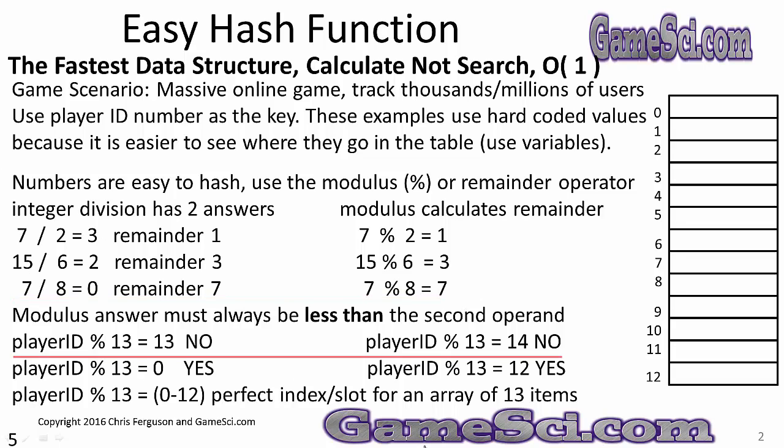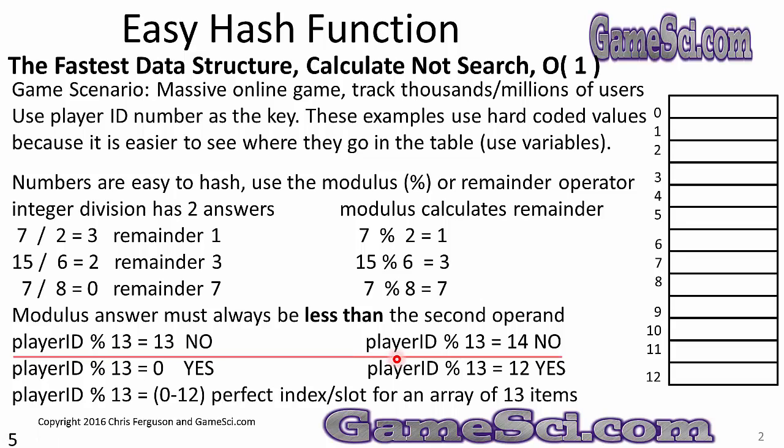Now the modulus answer must always be less than the second operand. Think about it. If I were to take a player ID number and do a modulus of 13, how could the answer be 13? There's no such thing as a remainder of 13 after you divide by 13. It couldn't possibly happen.